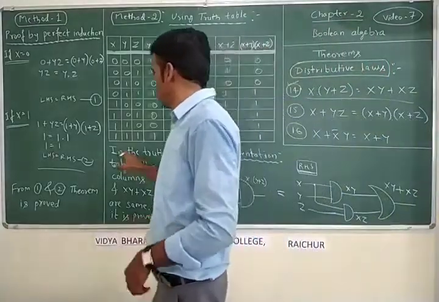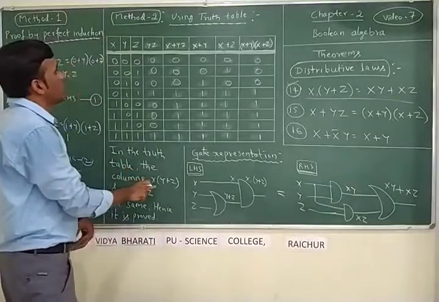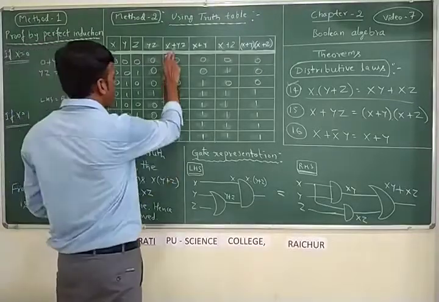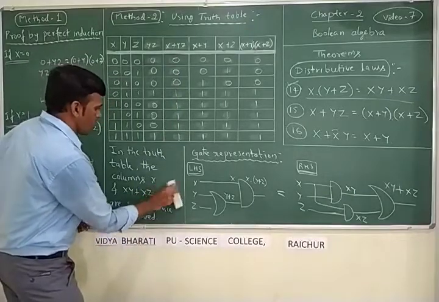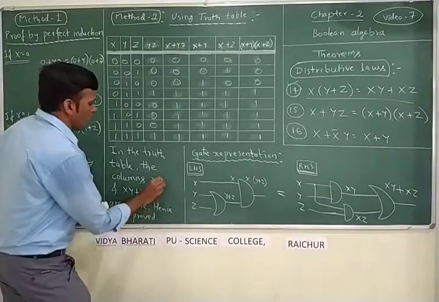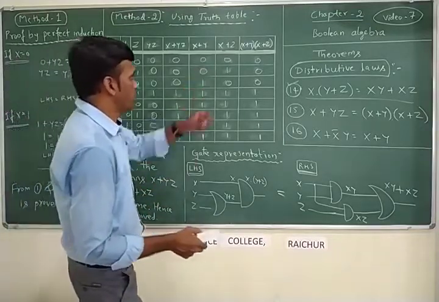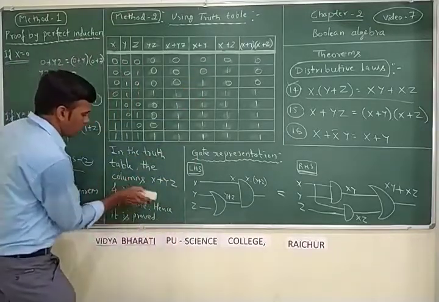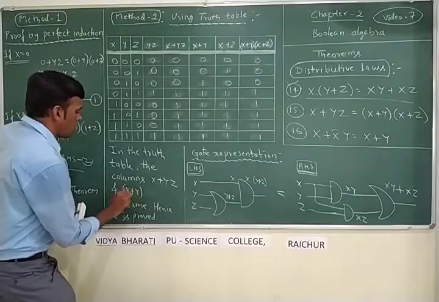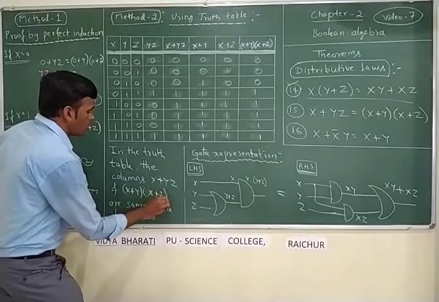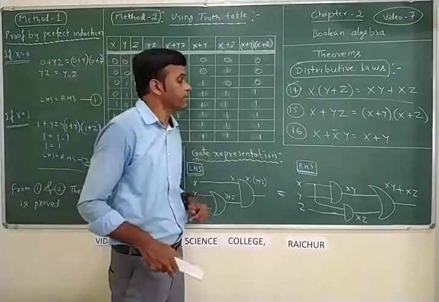So finally conclusion, in the truth table the columns, which are those columns? x plus yz and x plus y, x plus z are same, hence the theorem.